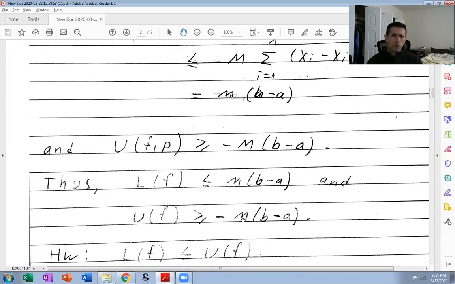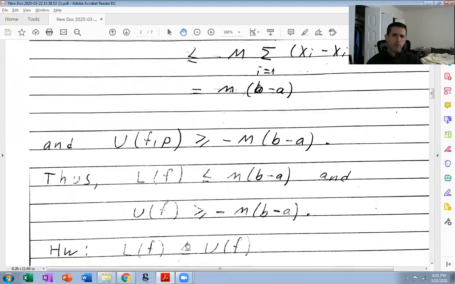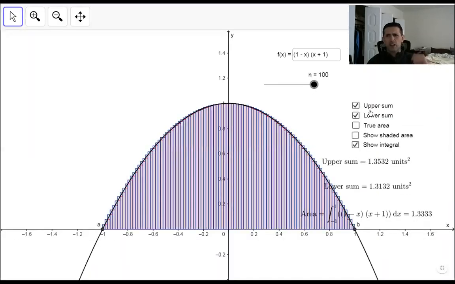A much more useful inequality is that automatically, regardless of what f is, as long as it's bounded, the lower Riemann integral is always less than or equal to the upper Riemann integral. And graphically, that makes sense.